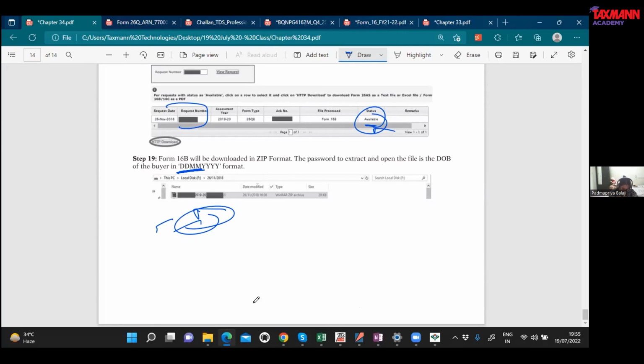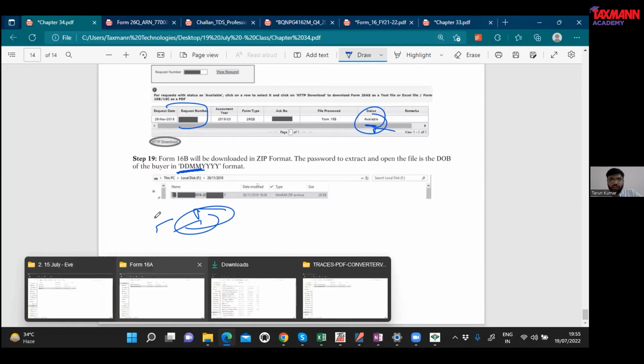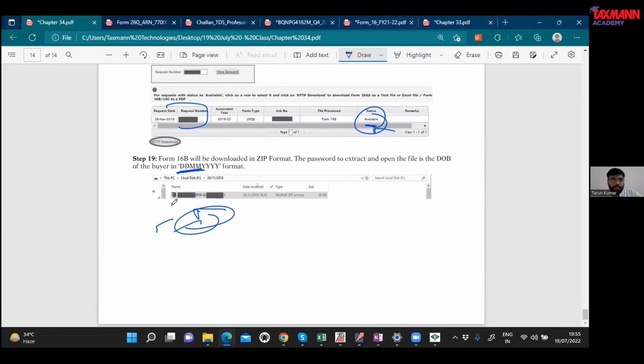So this was about your chapter. But one thing, I'm not sure, the details of Form 27D are not mentioned in your chapter, right? So I'll just give a brief note. For the TCS certificate, it is Form 27D. What is the due date? 15 days from the date of filing of the TCS return, for Q1, Q2, Q3, Q4.